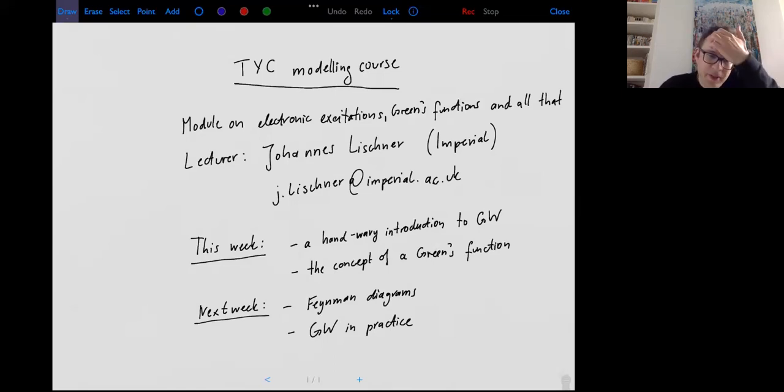Then we'll introduce the concept of a Green's function and why that's a useful thing to look at. Next week, we'll look at how to use Feynman diagrams to calculate a Green's function. And I'll tell you a little bit how practical GW calculations work.